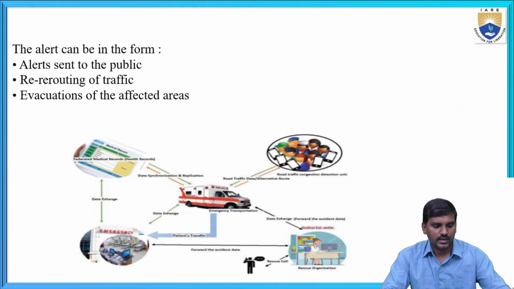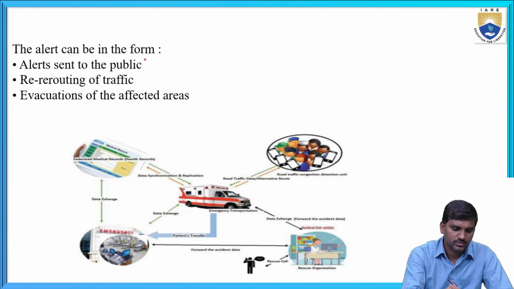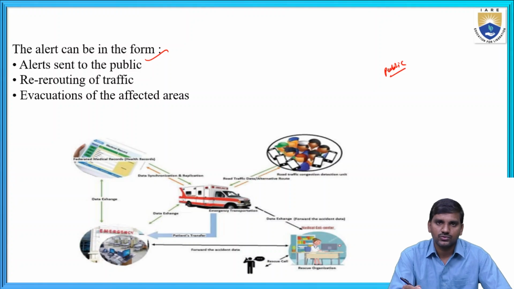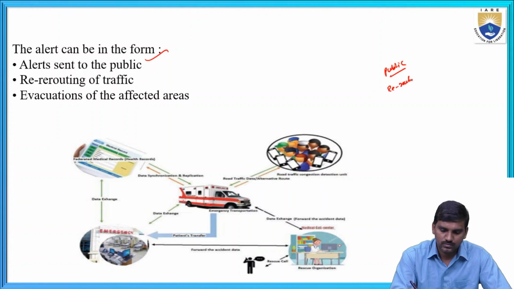Next, the alerts can be in the form of alerts sent to the public, whatever public sources are available in the environment, rerouting of traffic, and evacuation of affected areas, wherever the areas are defined.